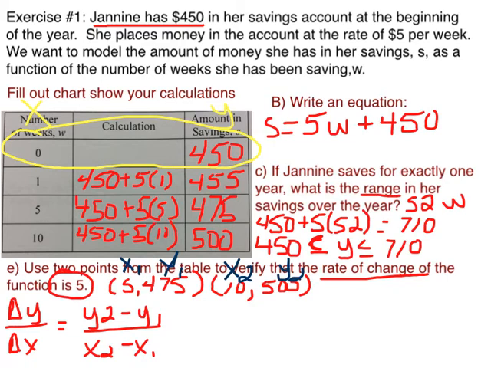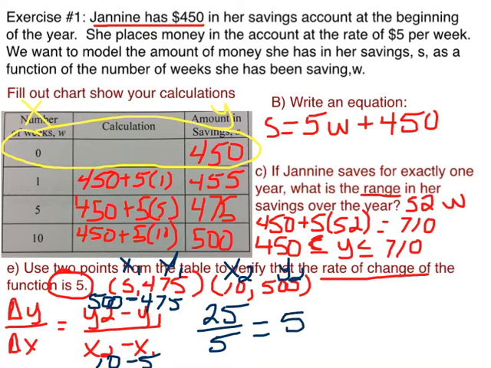So now I'm going to have 500 minus 475, and I'm going to have 10 minus 5. 500 minus 475 is going to give me 25 over 5. 25 over 5 equals 5. So choosing these 2 points verifies that my rate of change for this problem is 5, which I can put right in there.